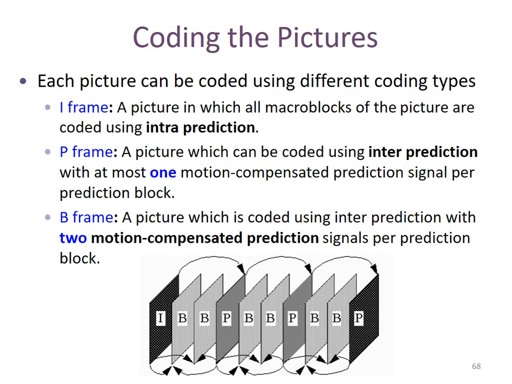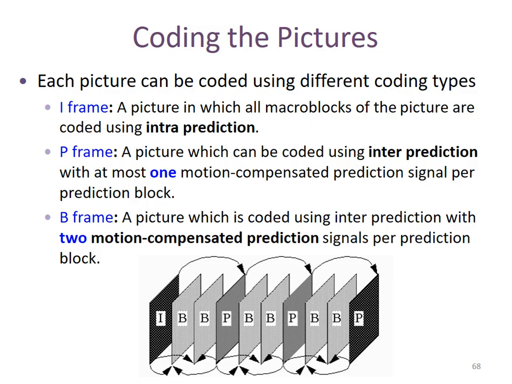All right. Next, let's define different keyframes. Each picture can be coded using different coding types. We have 3 different types: I frame, P frame, and B frame. I frame means we apply intra-prediction for these frames. Let's consider this is a sequence of images, which is what we call a video, and then we give different names for the frames.